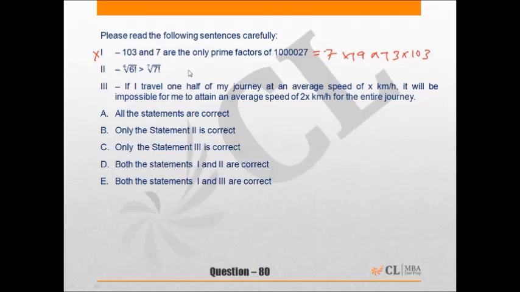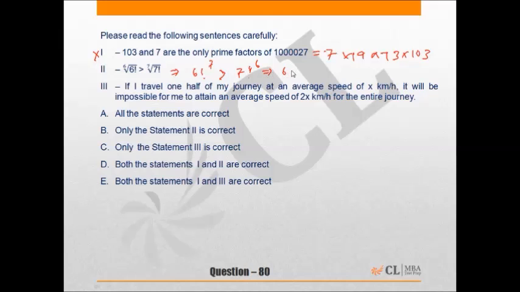Coming to the second statement, it states 6th root of factorial 6 is greater than 7th root of factorial 7. Given inequality can be written as factorial 6 raised to power 7 greater than factorial 7 raised to power 6.